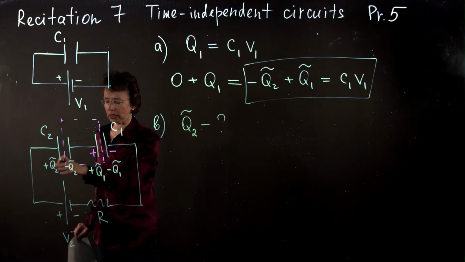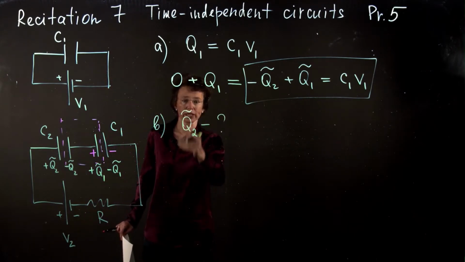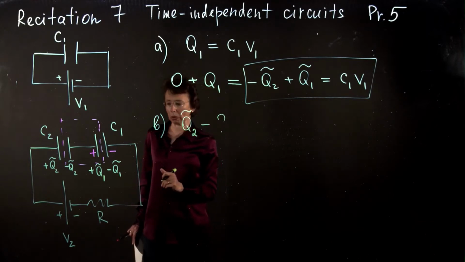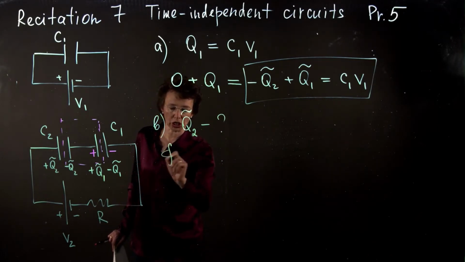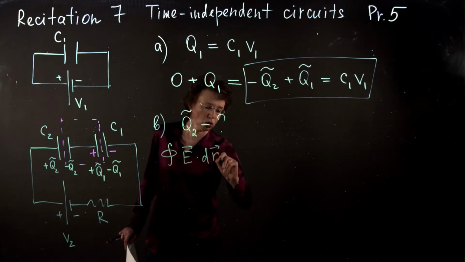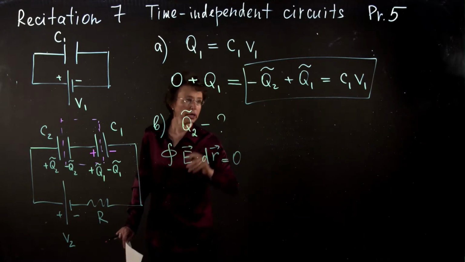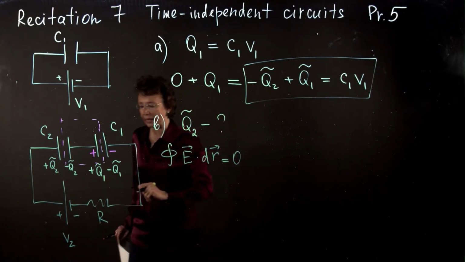We decided that it is positive, so now let's try to find Q2 tilde. Which equations will we use? As always, we will use our equation, integral E dot dr around a closed loop is 0. And also we will use conservation of charge that we used in part A.